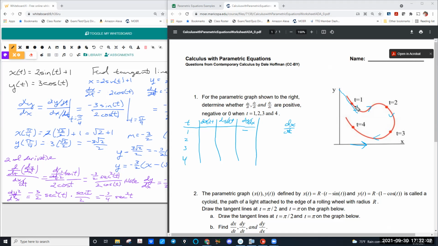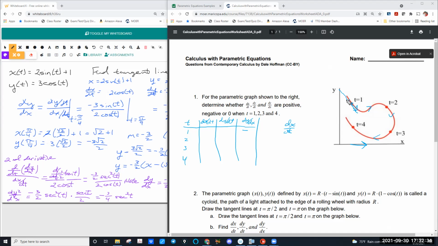So as we move in the direction of increasing t at this point, and I'll ask you guys this, as we go in this direction, is x getting bigger, smaller, or staying the same? So we got one vote for each.